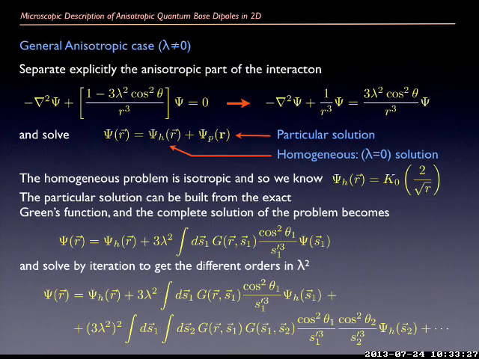Okay? The way in which we have built the solution of the problem was to split the Schrödinger equation, putting the part which has the anisotropy to the right of the equation, and then building a Green function for the system. Since you know the solution for lambda equals 0, which is the previous one that you have, you can build exactly the Green function, and from that you use an iteration scheme and start doing all the different orders till you get convergence.